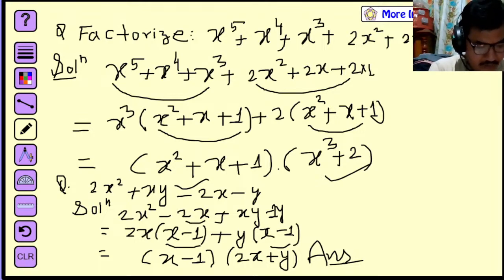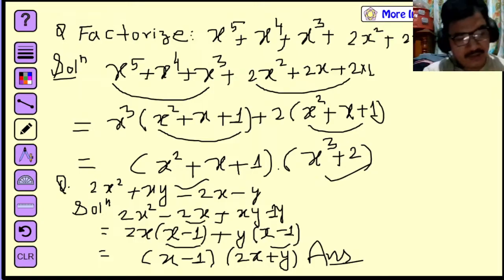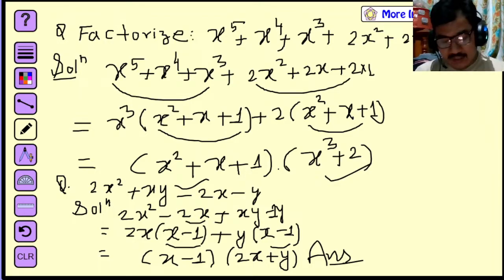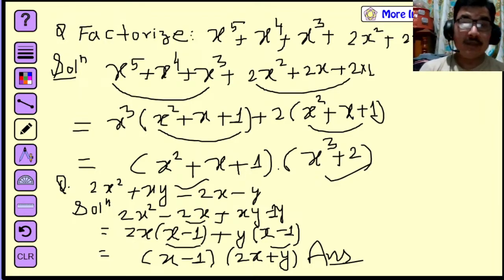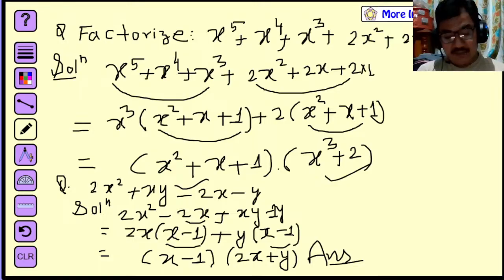The children who are in my class, here in the live class, if they have difficulties regarding their study of school mathematics, they can share their difficulties so that I can solve them. If you have difficulties regarding your mathematics book, of any class of your school level, you can share with me so that I can help in your study.